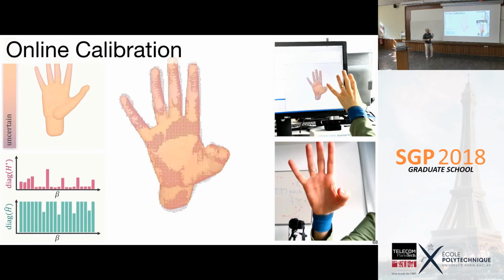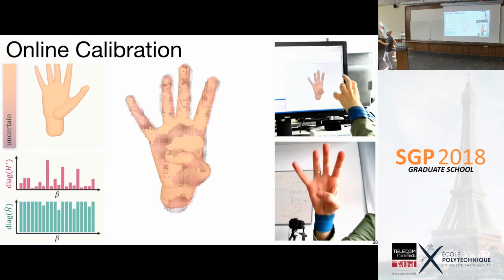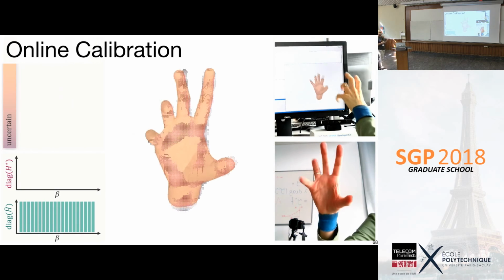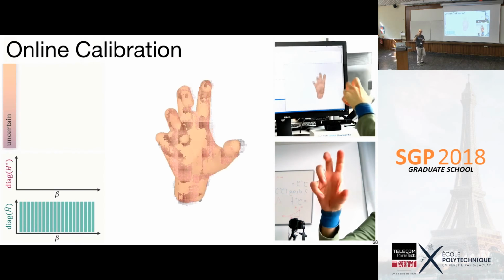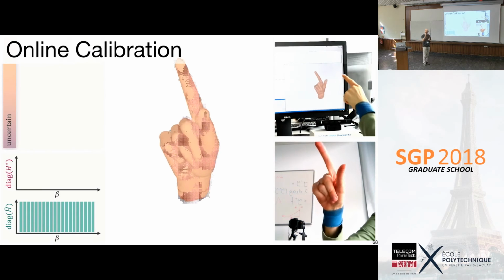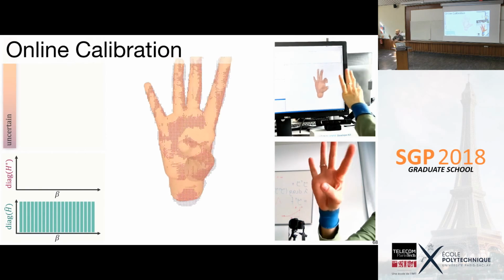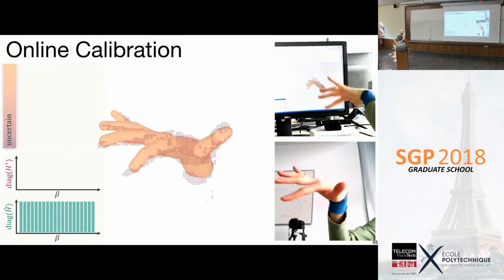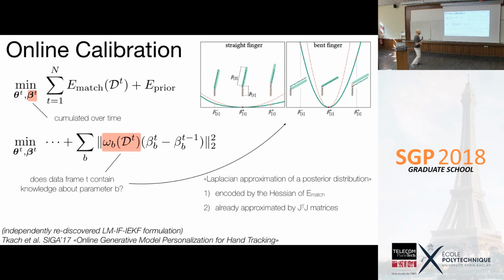And the cool thing is that the expression that I showed you earlier can be connected directly to a form of Kalman filter. And if you have ever tried to code up a Kalman filter, it's not really the nicest piece of code you will ever write. But yet again, we were able to do it directly within the LM solver. If you embed a Kalman filter directly within the LM solver, and you have these covariance matrices that come from your Jacobian, as is explained in the paper, the only thing you need to do is that this function right here, rather than being an element-wise B, will be a vector over here.